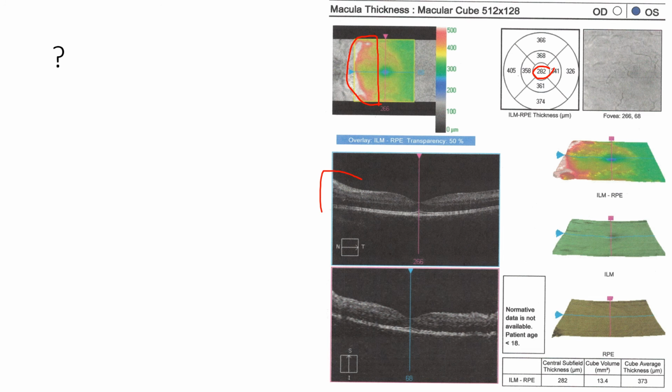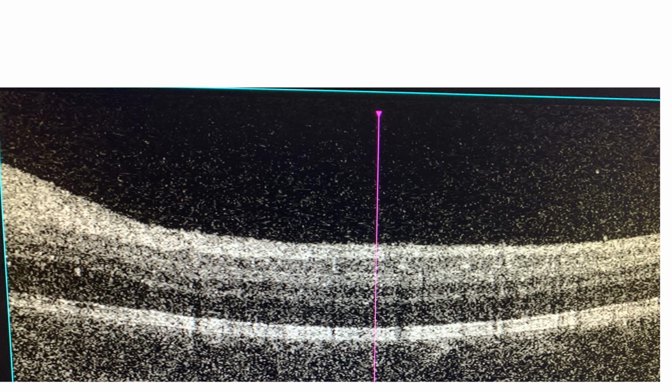That's also shown on the B scan. This is the B scan blown up, and you can see that the nerve fiber layer looks somewhat thicker than normal.